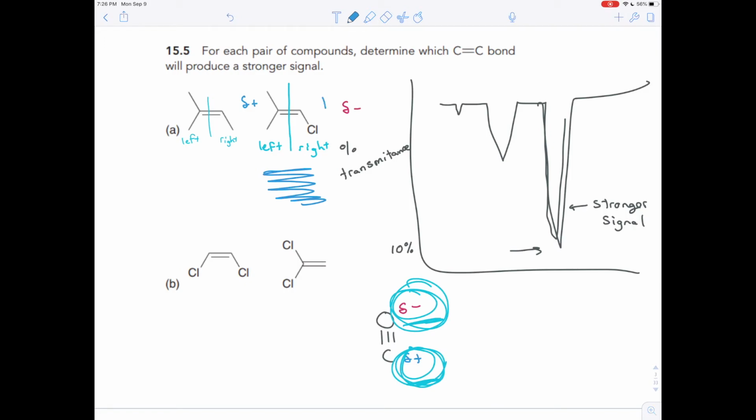So this would cast the stronger shadow, whereas this one might just cast a weak shadow. This would give you a stronger signal. Why? Because it has a bigger dipole. So it would be that molecule there.